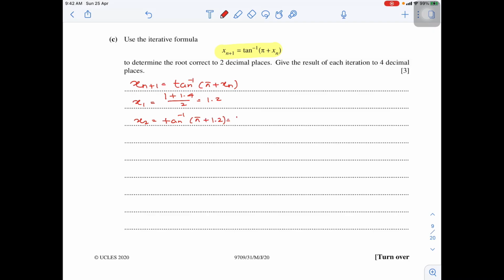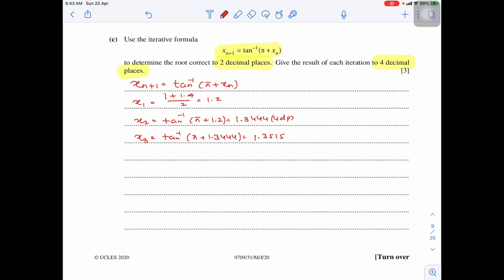First value x1, 1 plus 1.4 divided by 2, 1.2. x2, I write tan inverse of pi plus 1.2 gives me 1.3444 to 4 decimal places. That's what they say, each iteration to 4 decimal places.